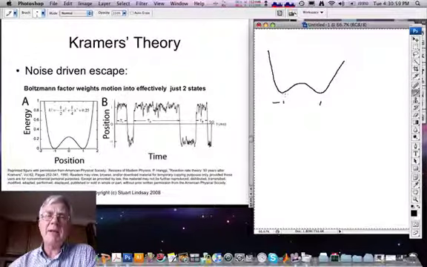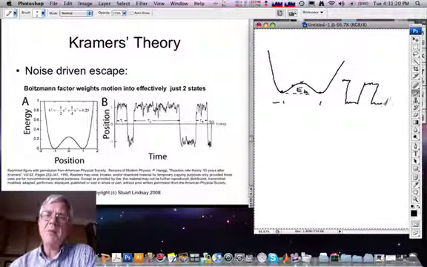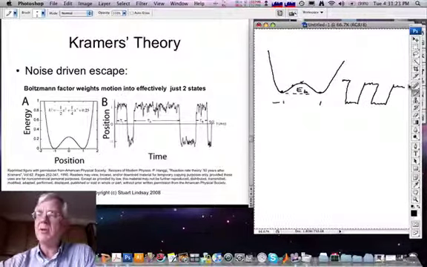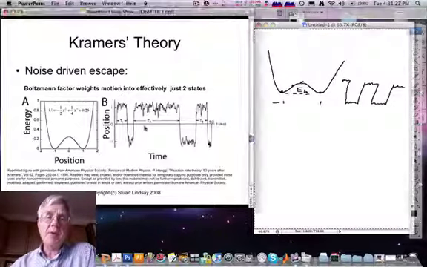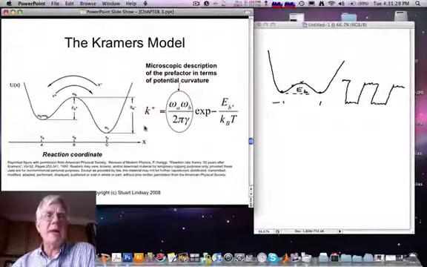The reason for that is this transition state energy here, which I'll call E sub B, means that the probability of being here, or indeed anywhere but the minimum, is much less than the probability of being on the minimum on either side. And therefore, the system appears to make rather abrupt transitions between the two states. It behaves as what is called a two-level system, even although the potential surface is much more complicated, but it's the Boltzmann factor that results in this behavior.